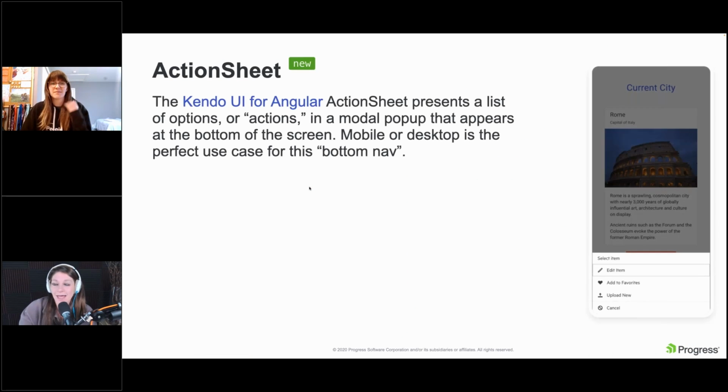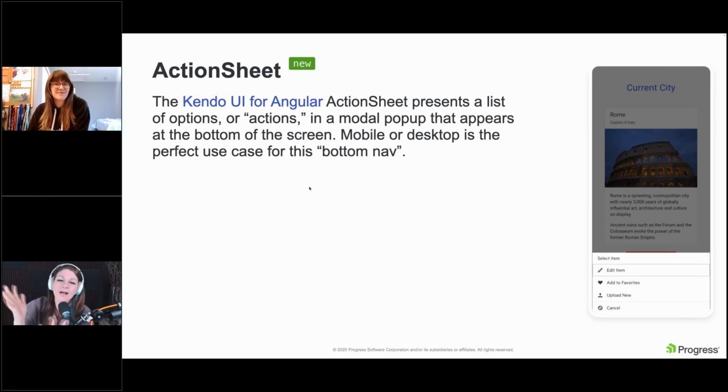For the action sheet, she is our new and glorious component, and you can see it over here on the right. I call it a bottom nav. Kathryn, what do you call this? It's like, for thumbs, if you're on mobile, it's great when you're on mobile.